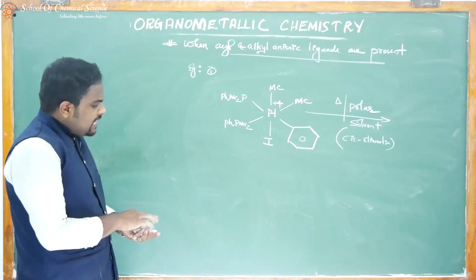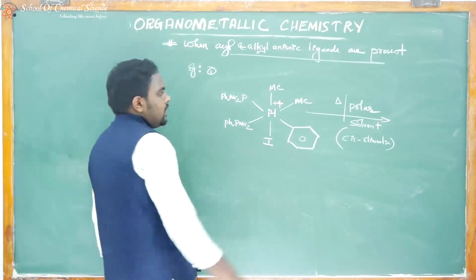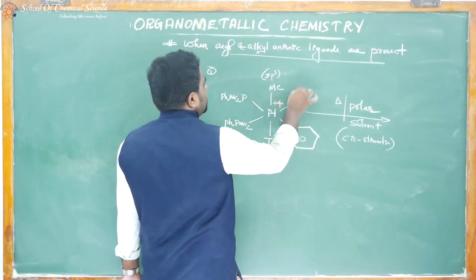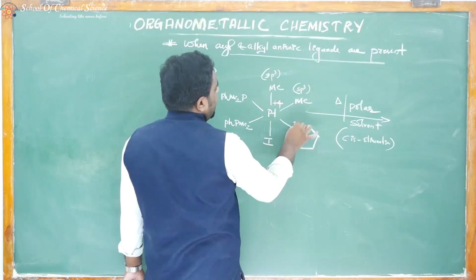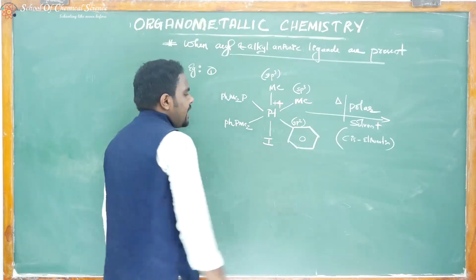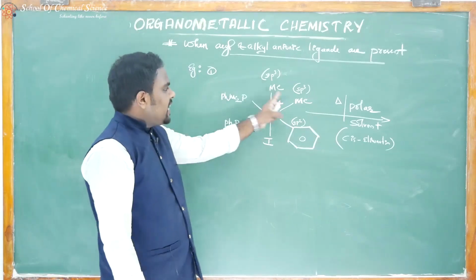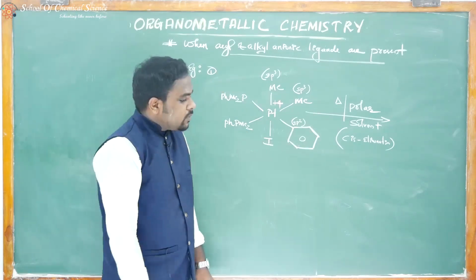Then here alkyl and aryl groups are there. This is a methyl group, hybridization sp3. This is a methyl group, hybridization sp3. This is an aryl group, hybridization sp2. Then our question: whether the two methyls are eliminated as ethane, that's the first possibility.